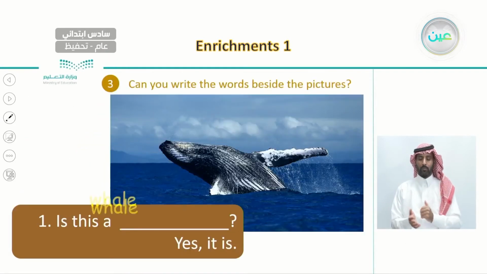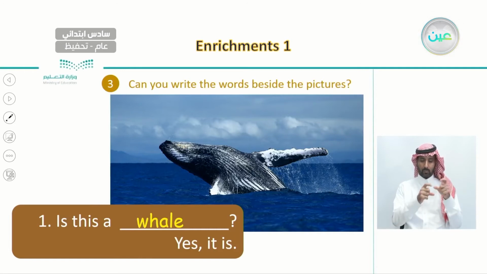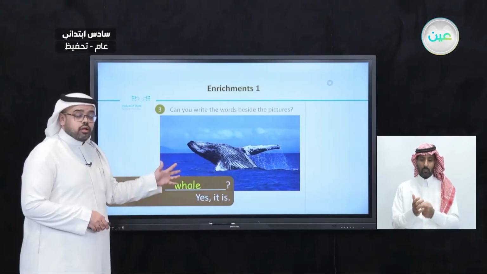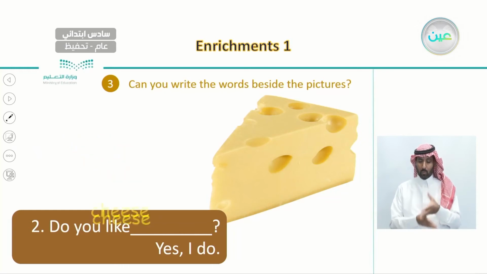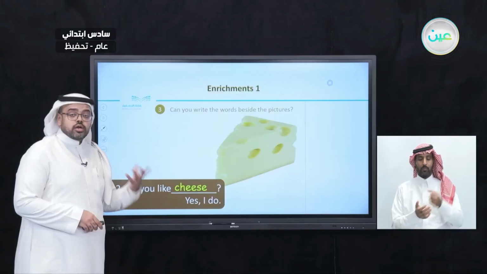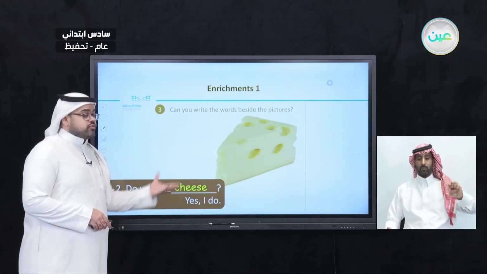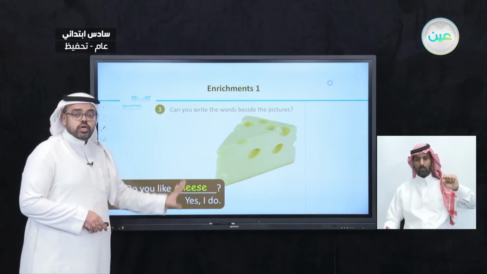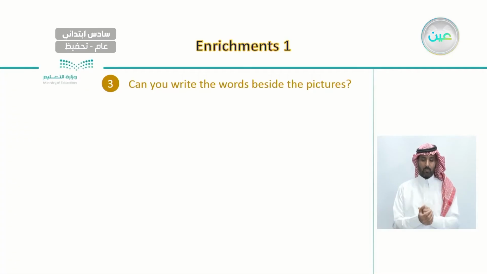Now after this, we rewrite words beside the pictures. For example, when we wrote about whale, and also when we wrote about cheese in questions. When we made a question, after looking at this picture, we completed each of these questions.